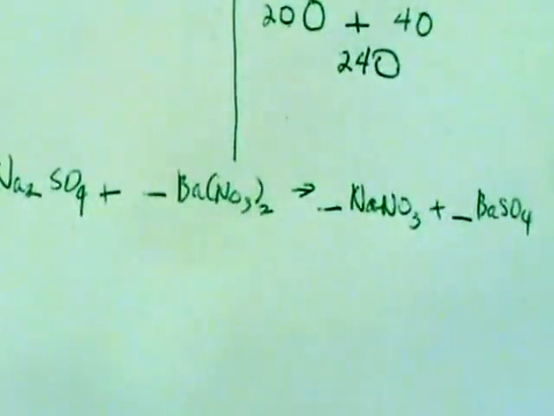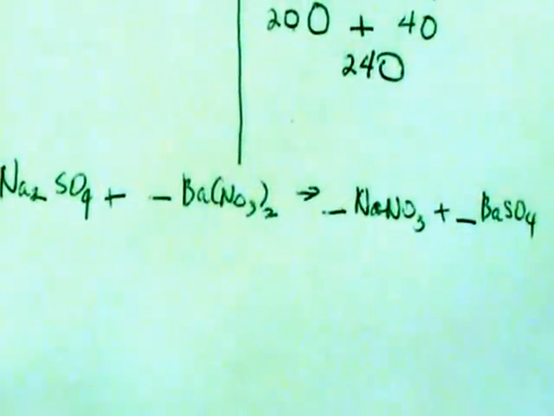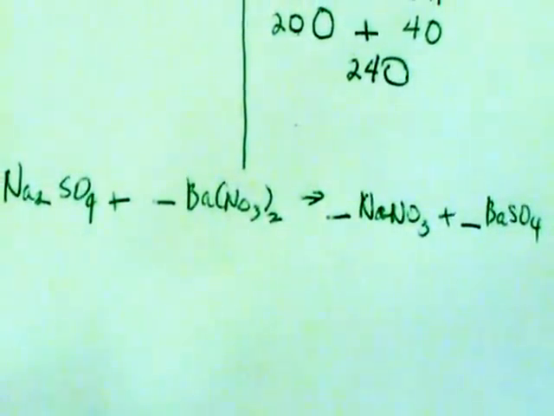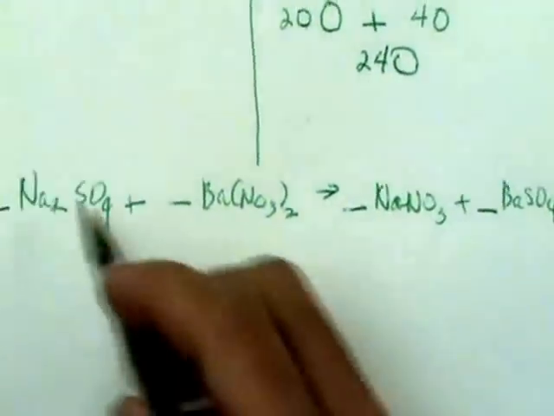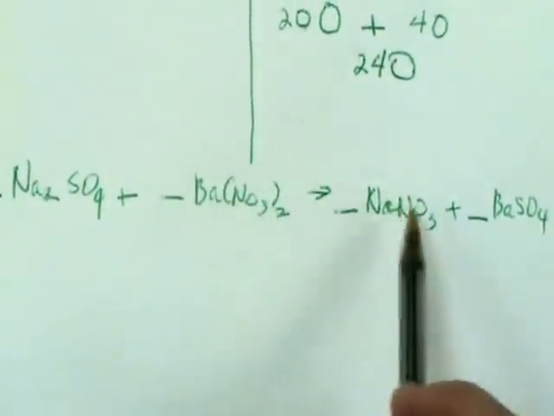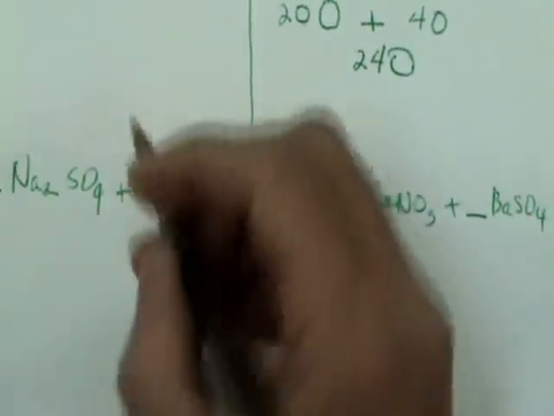So we have the whole equation here. Now, recall the trick that the videos have been showing you when you're balancing polyatomic ions: you're treating each polyatomic ion as one unit or one group.